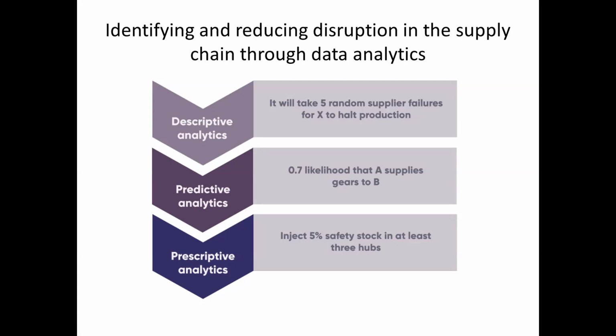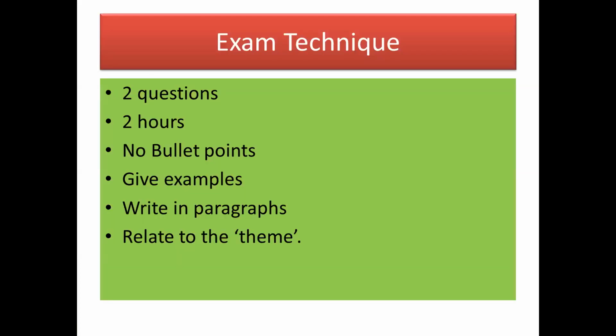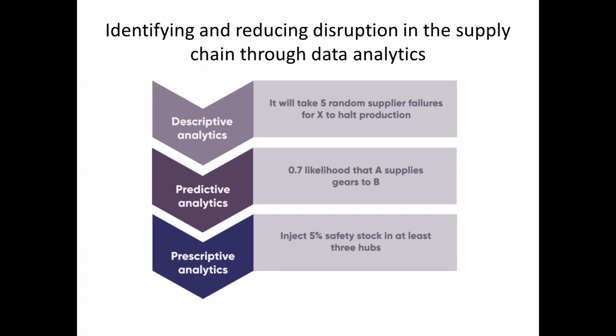I quite like that as a plain English example of how to use analytics, identifying and reducing disruption. So that's how it helps us. It gives us insights, it gives us descriptions, it gives us predictions, and it gives us prescriptive recommendations. Right, gone fairly quick there because there's a lot of stuff there.